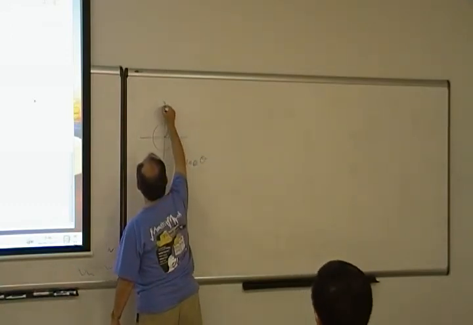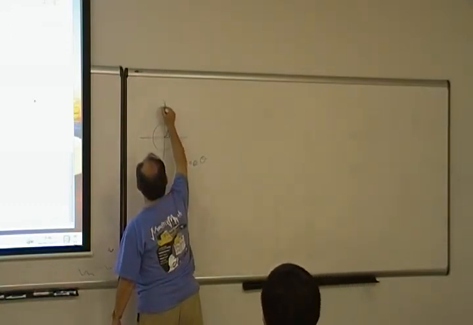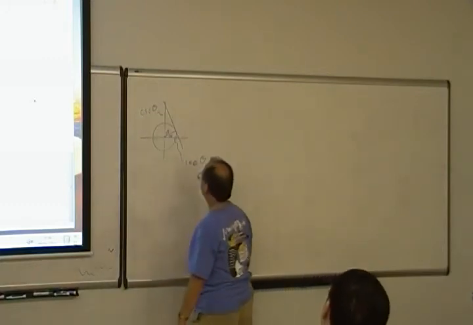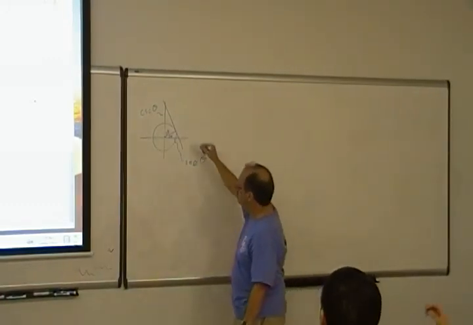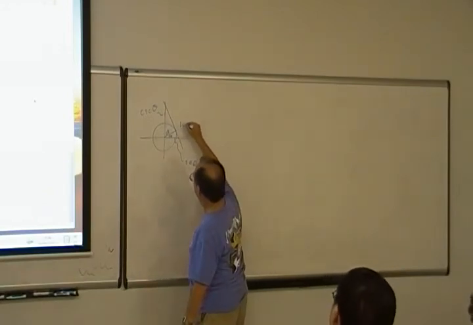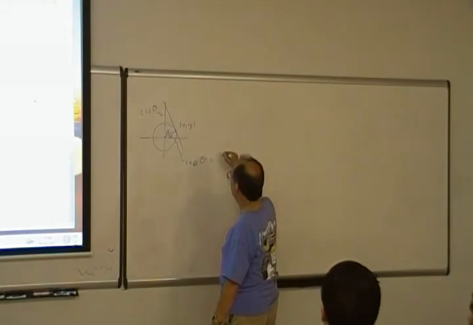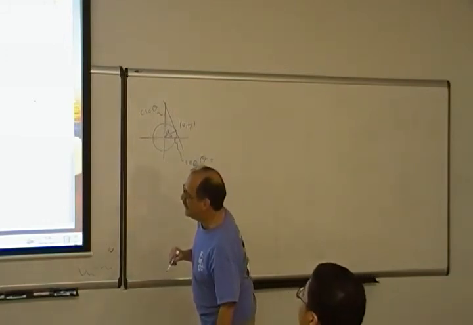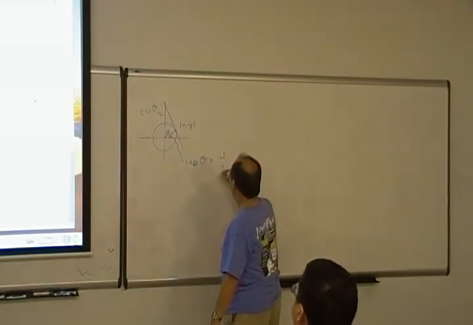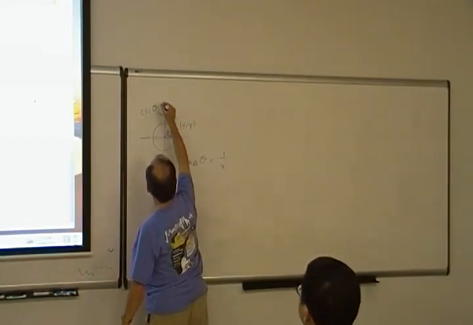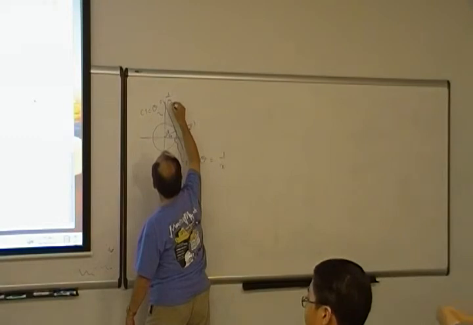And this distance here is cosecant of theta. So this point here is x comma y, and we're trying to show that this is secant. Secant is 1 over x. And we're trying to show that this thing here is 1 over y.